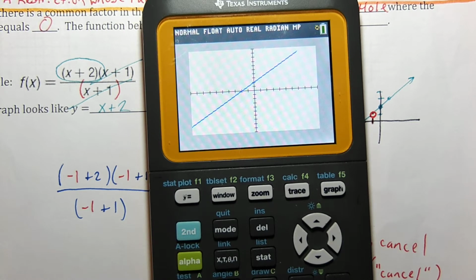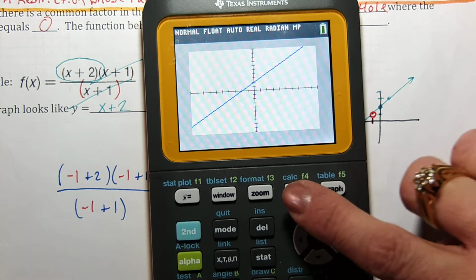Does it look like we have a hole or a break in our function? No. So this is one of the reasons why being able to find these key features algebraically is so important, because your calculator is like, line, but what our algebra shows us is, no, we actually can't plug in that value of -1.